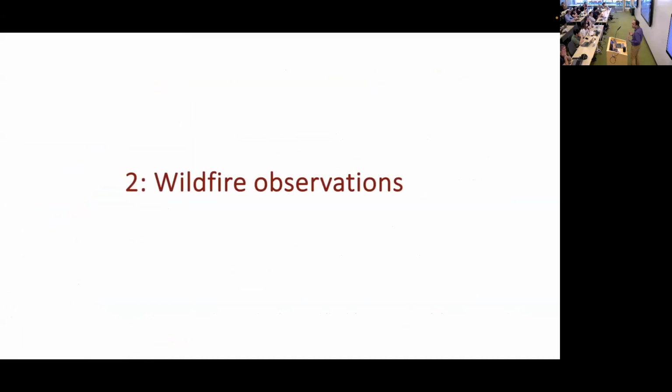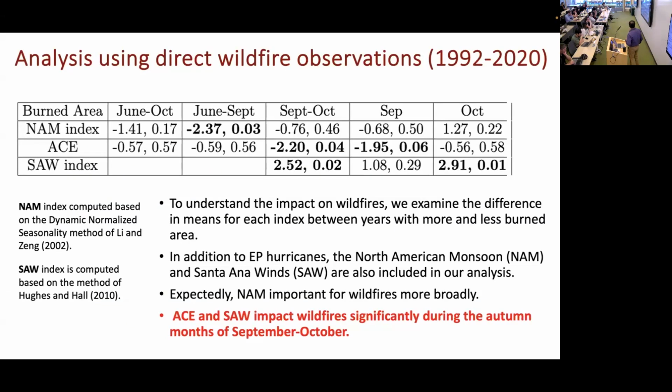So now that we have convinced ourselves that these storms, when they recur, indeed make the environment less conducive for wildfires, the question then is, can we actually detect this directly in wildfire observations? To do this, we analyzed wildfire data, and we then divided the years into two categories, the years with more wildfires and years with less wildfires.